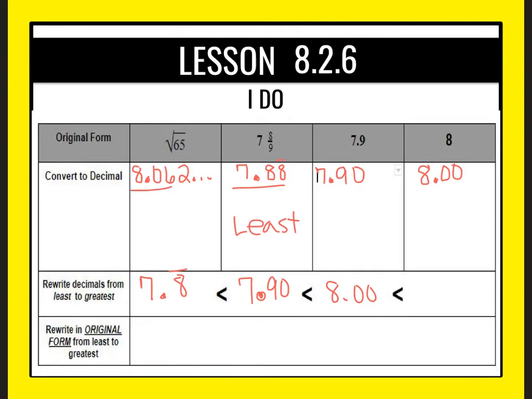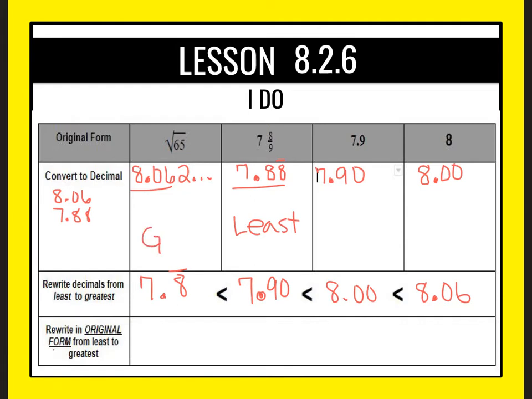And of course, my square root of 65 is 8.062 approximately. So it's real important that you organize this. Like as I said, you could also have lined these up if you needed to in order to help you refer to your place value, okay, to make decisions on which is the smallest and which is the greatest, okay?